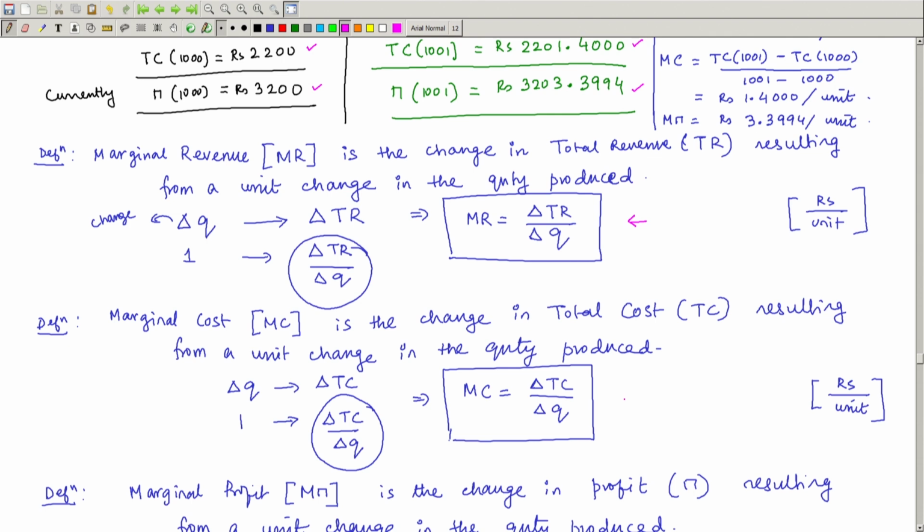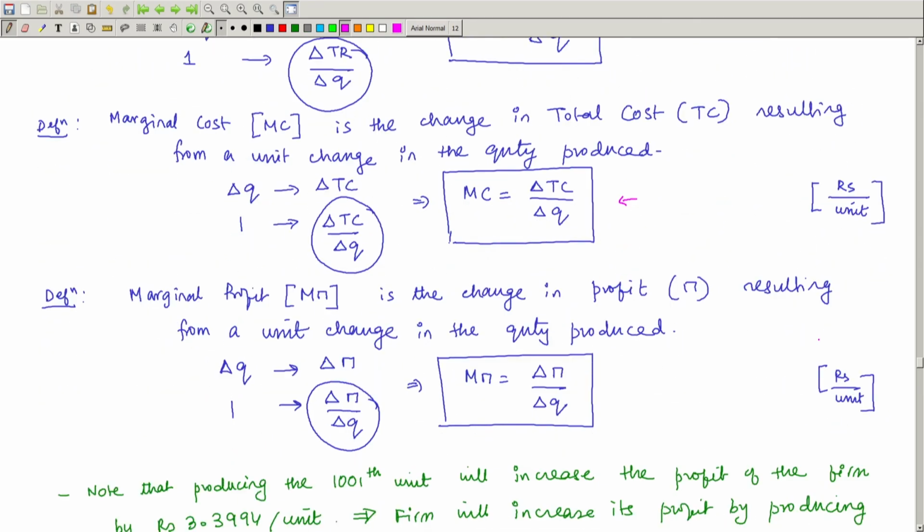Similarly, marginal cost is the change in total cost resulting from a unit change in output, that is delta TC divided by delta Q. The units of marginal cost also are rupees per unit. Finally, we can write down the marginal profit as the change in profit resulting from a unit change in output, that is delta pi divided by delta Q.